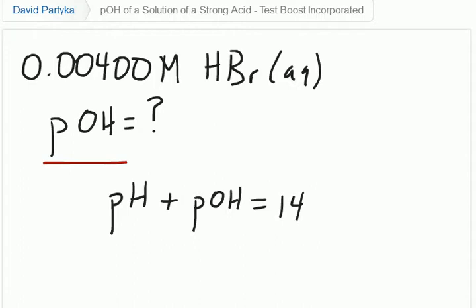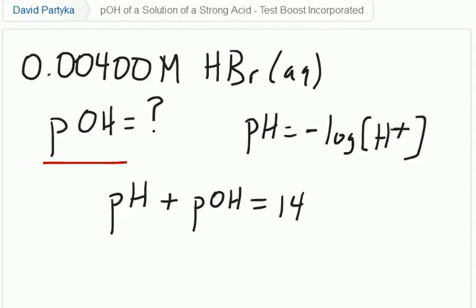Now, what we see is the concentration is 4.00 times 10 to the negative 3 molar. So to get the pH, we can use the formula pH is equal to negative log of the hydrogen ion concentration.